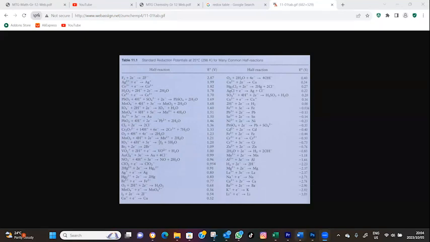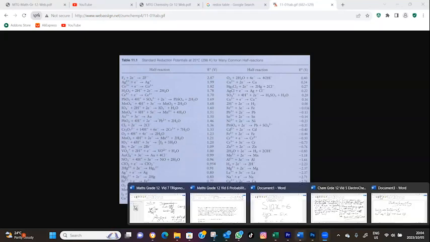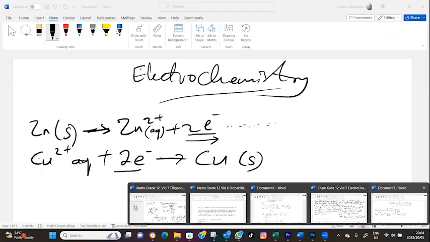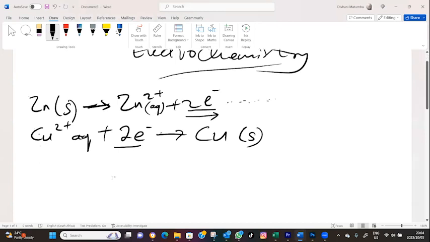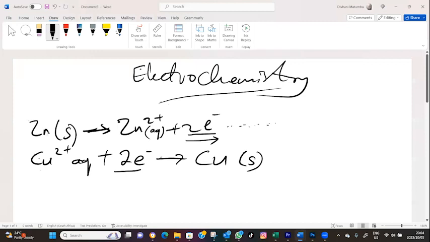Today we're going to continue with our chemistry series on electrochemistry. On the first part of electrochemistry, when I ended the video, I explained these two half reaction equations.